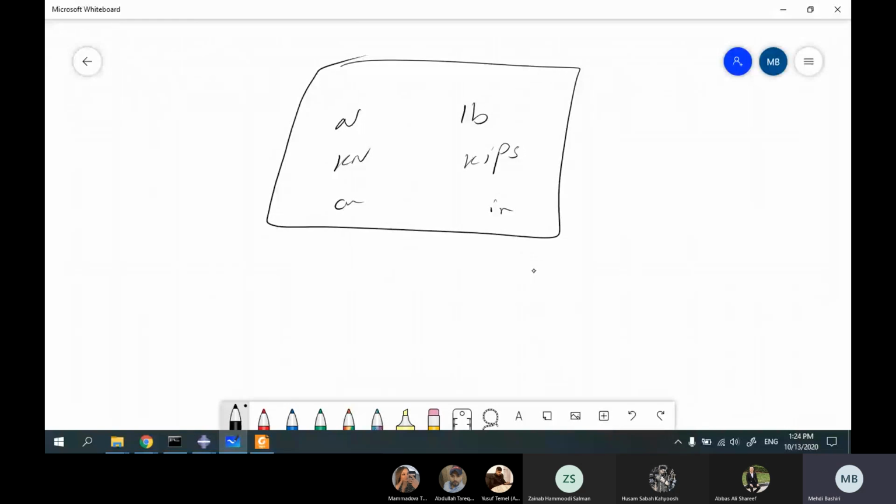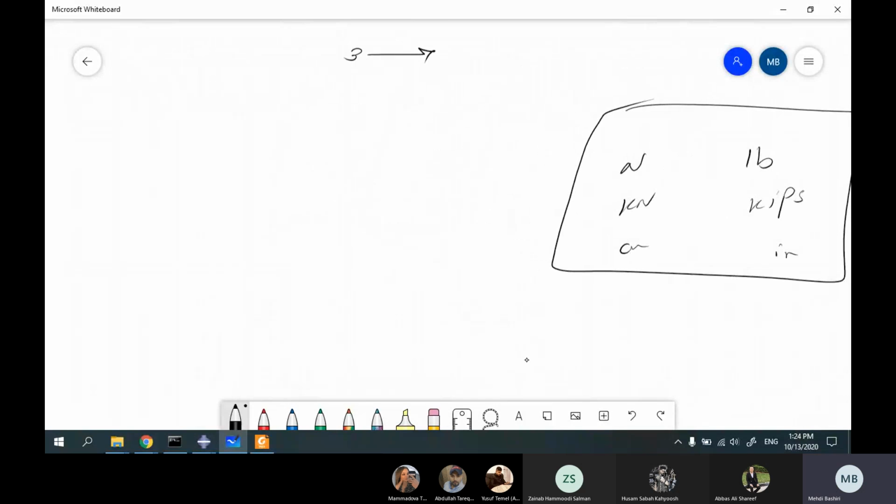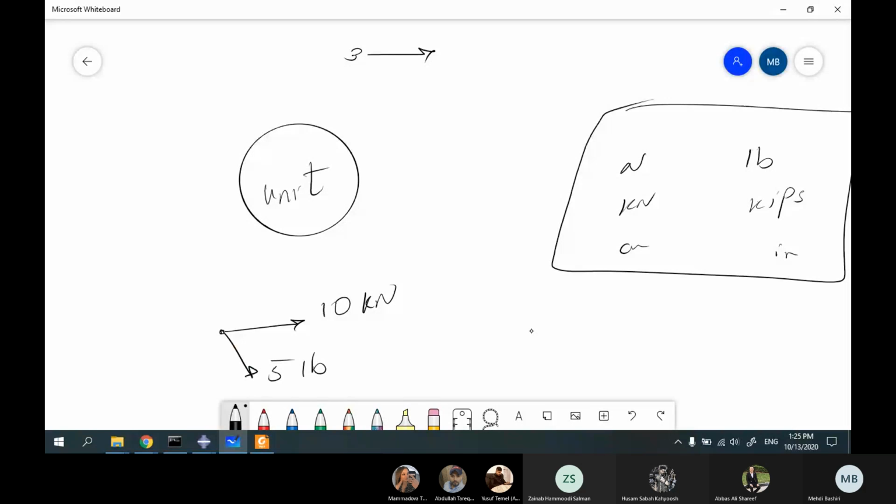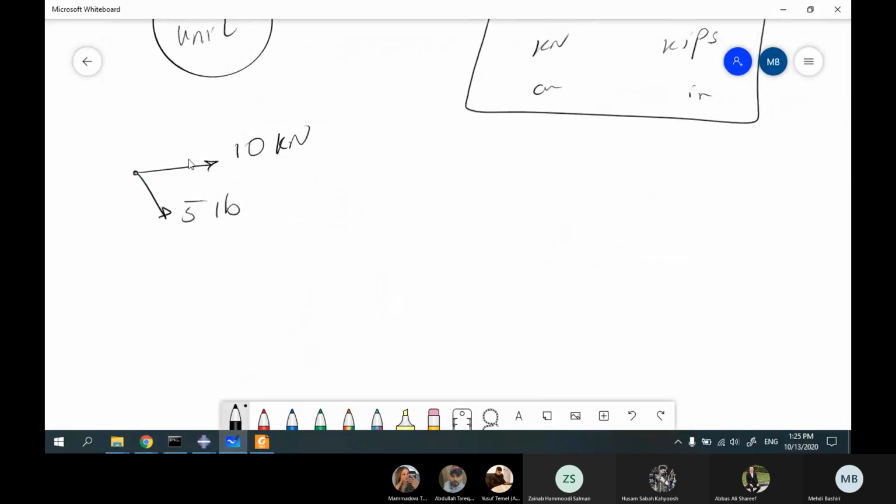And you have to know how to convert this, because when I'm talking about forces, one of the important things about a force is its units. For example, if you have two forces, one of them is 10 kilonewton, the other one is 5, for example, pound. At first you have to convert one of them. For example, you have to convert pound into kilonewton, and then perform your calculation.